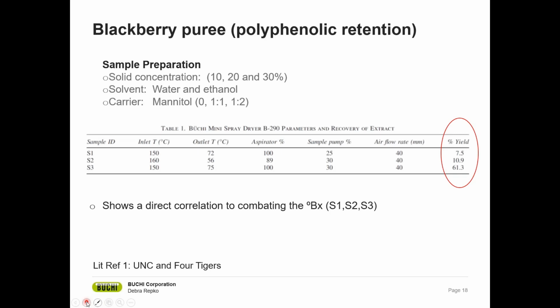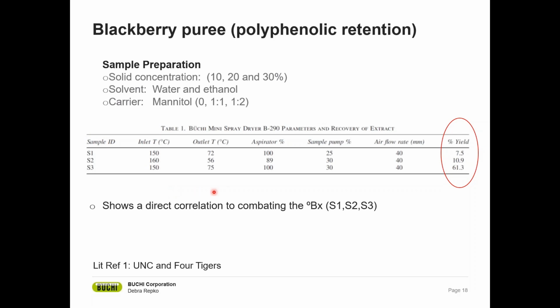So the first example that I'm using is a blackberry puree. This is the company that ironically came to our lab in Delaware to do a feasibility study. And through the feasibility study, we ended up writing a paper. I picked this example basically because it was overly sticky, and I thought it'd be a good example to show how the direct addition of a carrier basically went from being an unsuccessful spray drying run to a successful run. So the puree, we did 3 formulations that day.